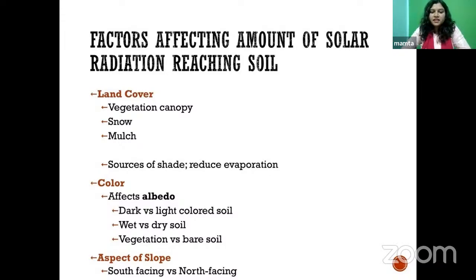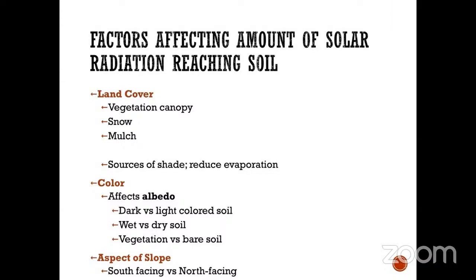And wet versus dry soil, albedo will be high in wet or dry? Dry soil. It will be low in wet soil. Why? Because water has high specific heat capacity.